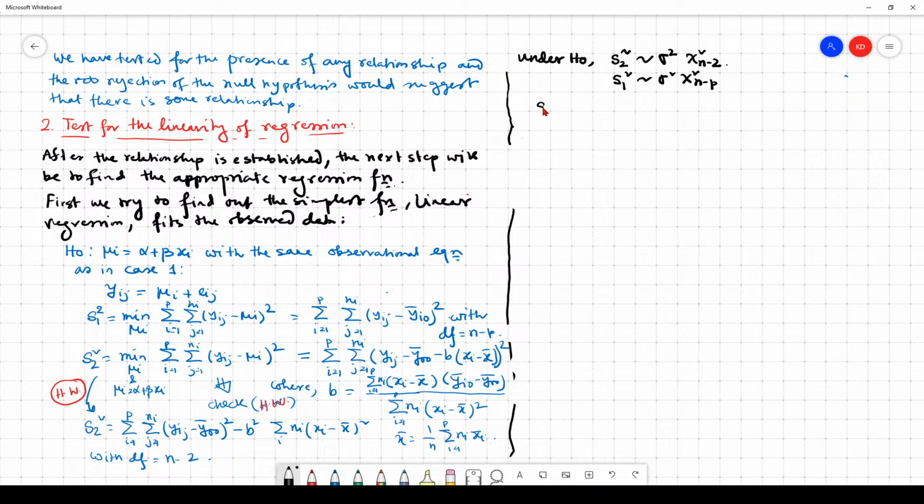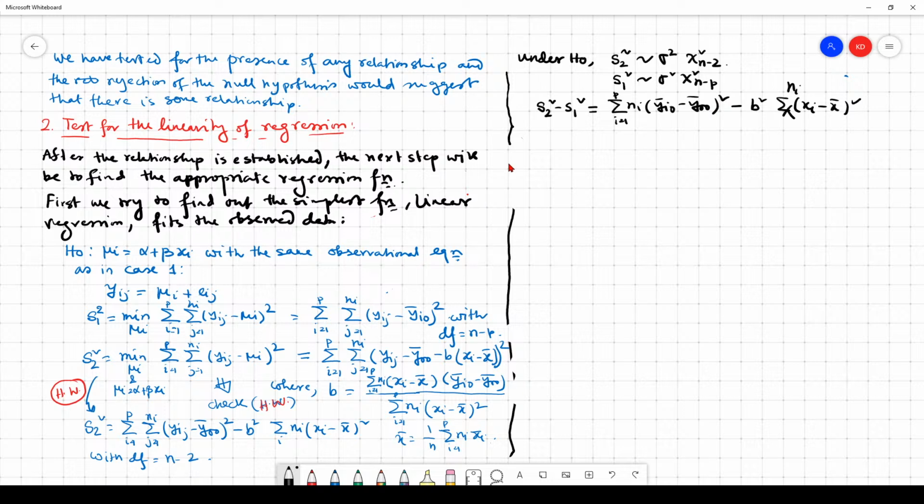And again, S2 square minus S1 square gives the sum over i from 1 to p of ni yi naught bar minus y naught naught bar whole square, minus b square sum over ni into xi minus x bar whole square.